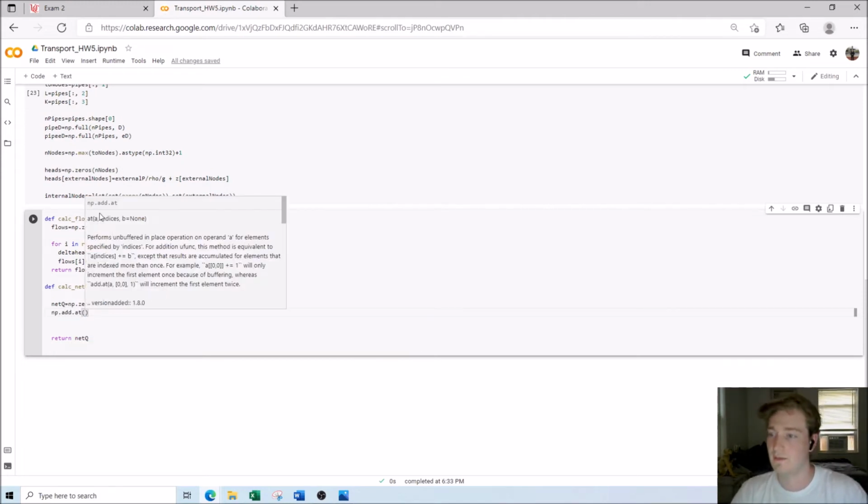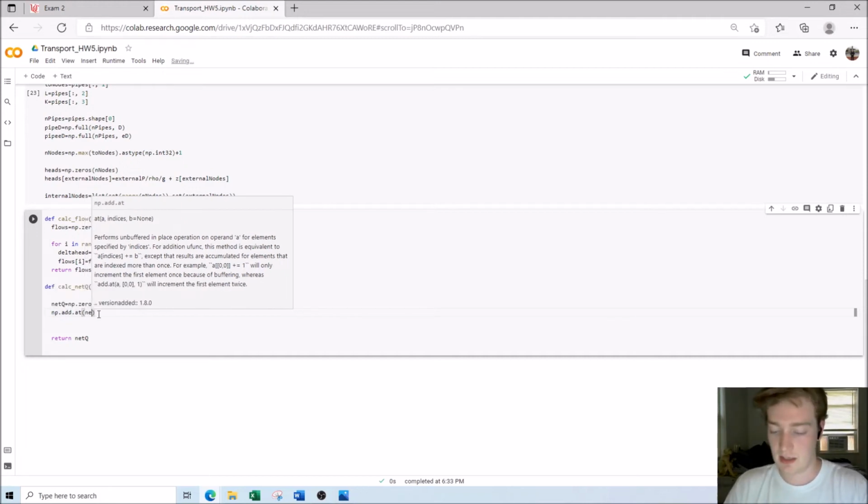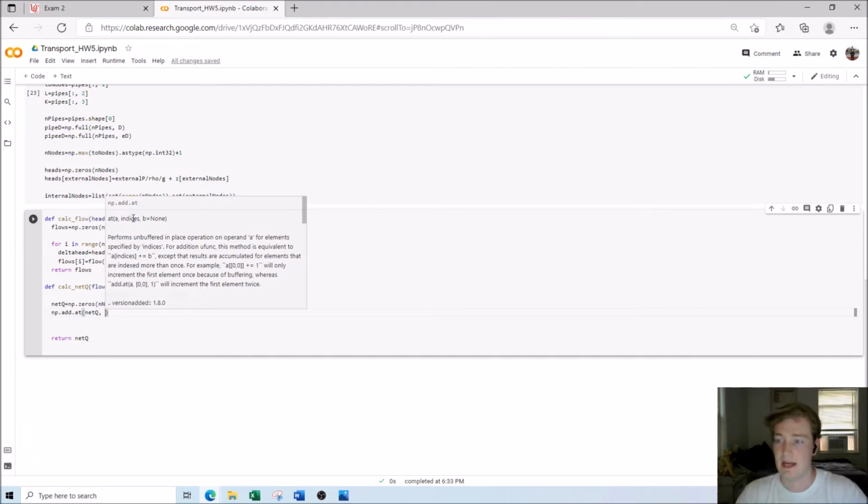And how does this work? Well, let's take a look. Well, first it wants A. What's A? What is A for us? A is the list that we're trying to affect. So what is that list? Net Q. What does it want next? And indices? What are the indices that we are trying to find? Those indices are, give me a moment to think here.